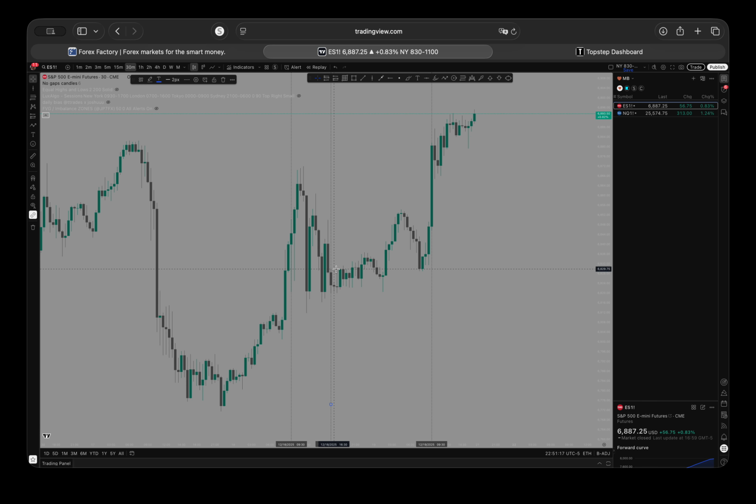So here we have the Asian market and the London markets, and I like to mark those off too when I trade. So Asian markets, I mark it off at 1800. That's how I've usually marked it. I know Asian markets start at 2000, but I mark it off at 18. And then London markets, I mark it off at 3.